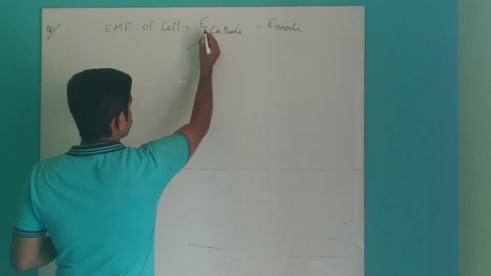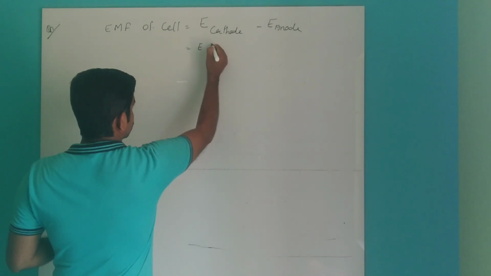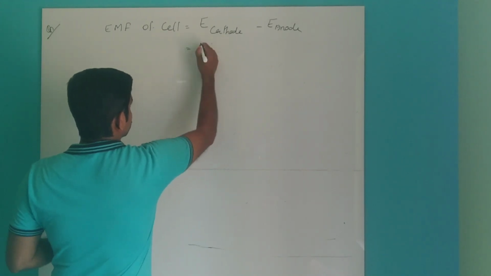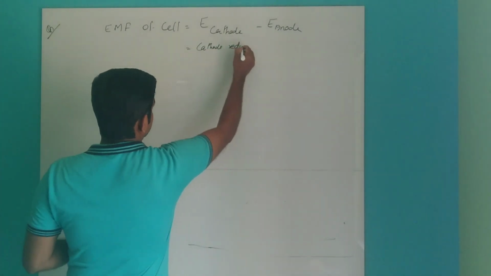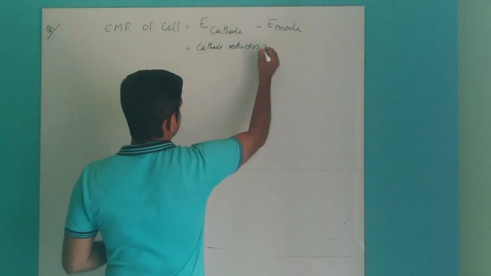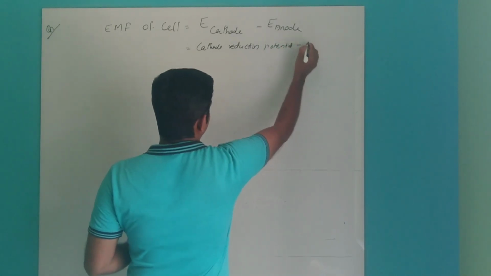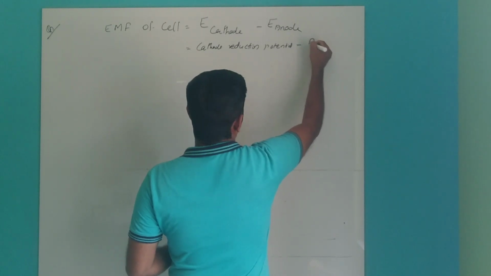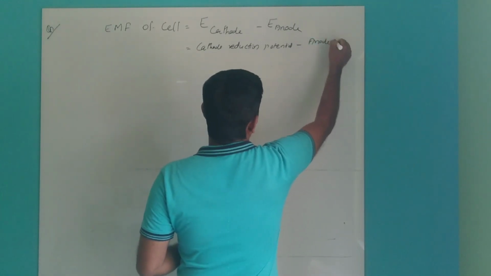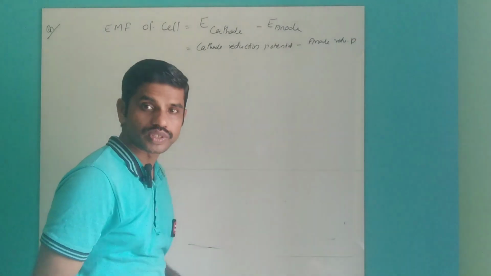So you can write EMF of cathode reduction potential minus anode reduction potential. So this is the basic formula.